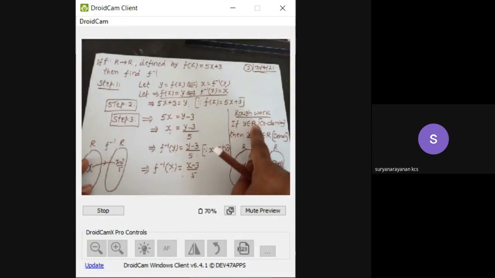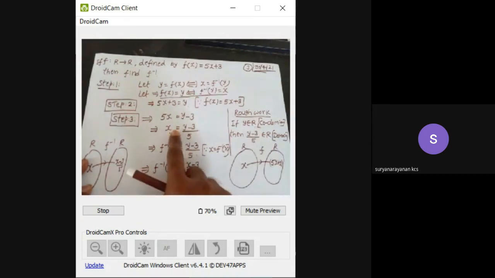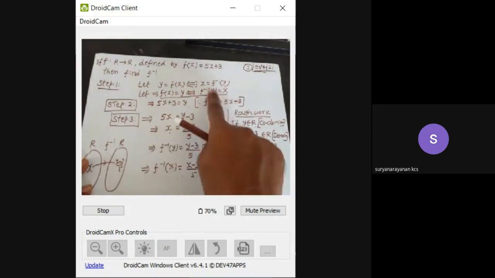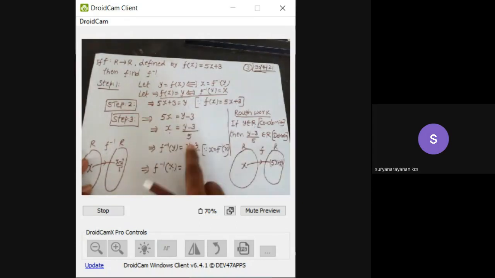So if y is a real number, (y minus 3) by 5 is also a real number. This number lies in the domain. So f inverse of y is equal to (y minus 3) by 5 because x is equal to f inverse of y.